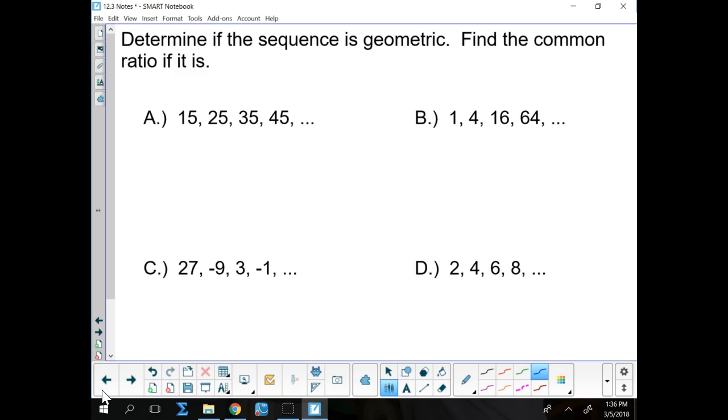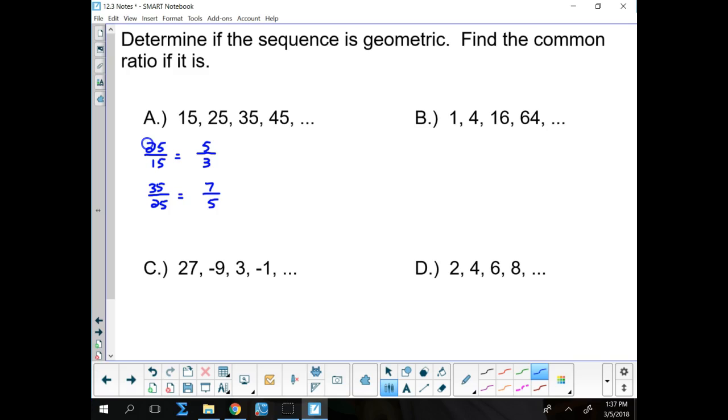If you didn't see, you would take 25 divided by 15, and that would reduce down. I can divide both of those by 5. That reduces down to 5/3. 35 divided by 25 would also have to reduce down to 5/3, but it reduces down to 7/5. So that's a no. Okay?